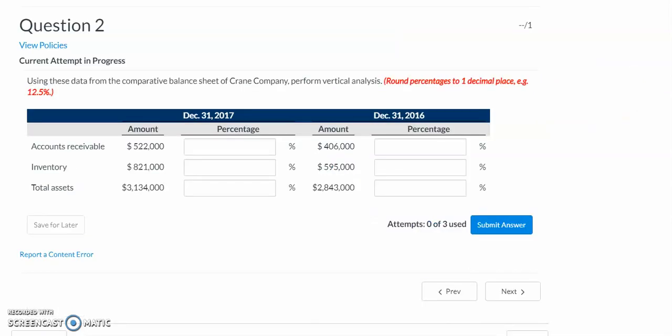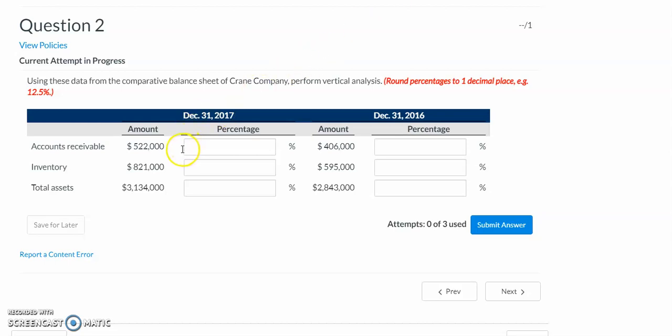So I want to quickly show you that in some of your problems, for example, question 2, you might only be given part of the data and you'll need to perform the vertical analysis. And when you do this, you're going to notice that you're not going to add up to 100% because you don't have every single financial statement line item. But the concept's going to be the same.